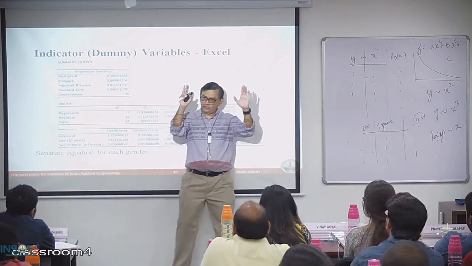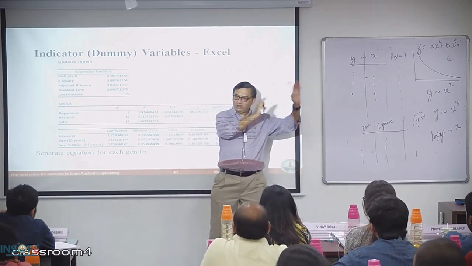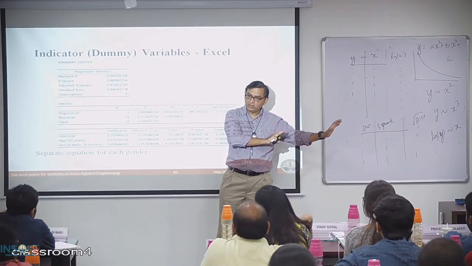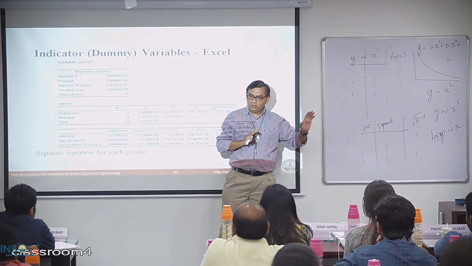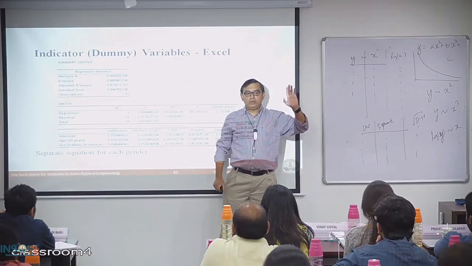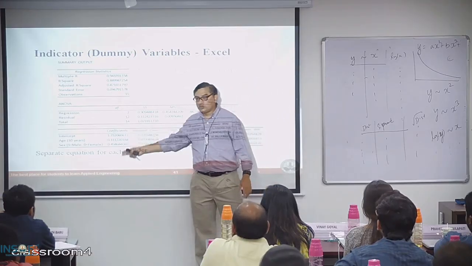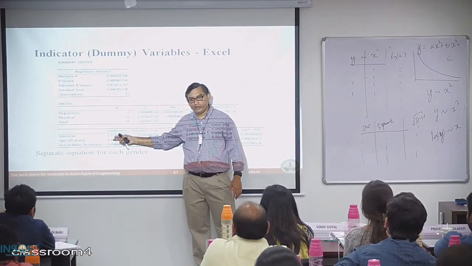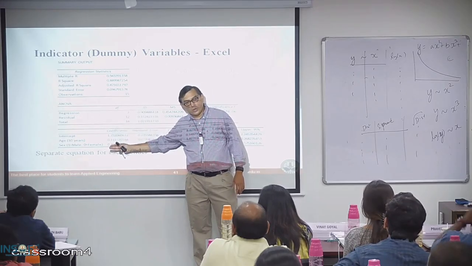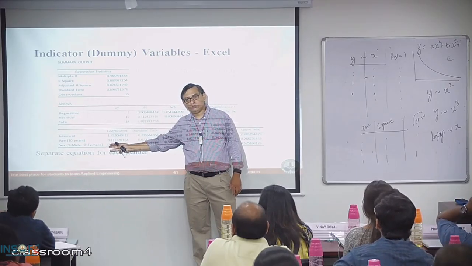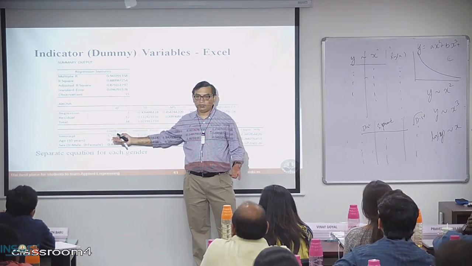So now it's a different data set. So you need to refit it separately. When you refit it, you will get different values of slope. What do you think is going to be the sign of that slope? It's going to be negative.